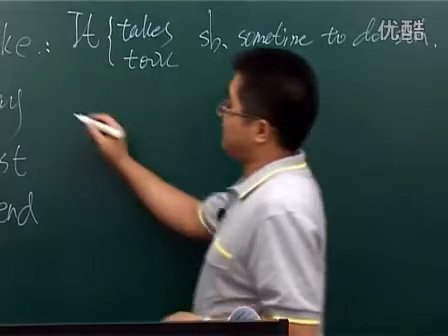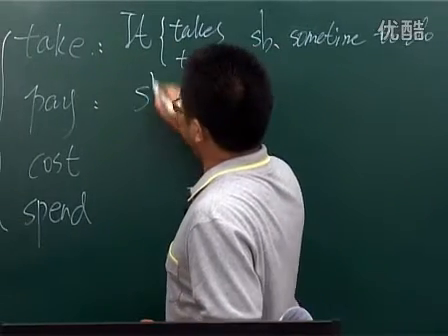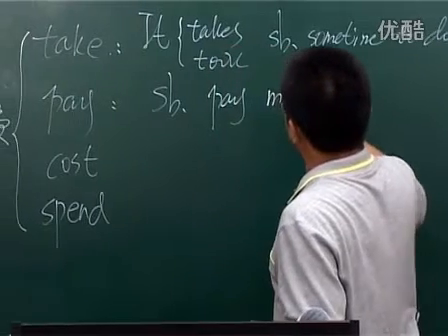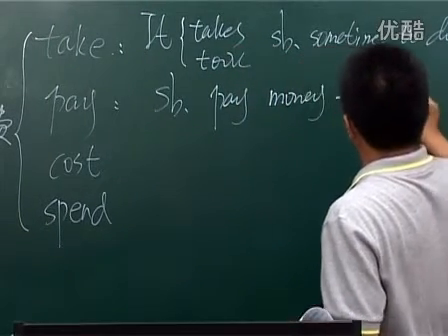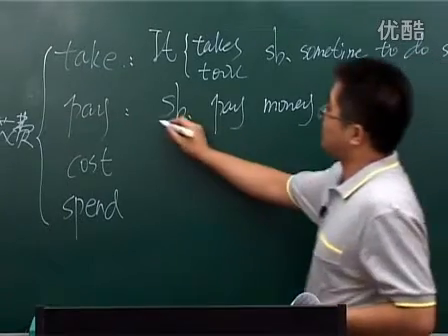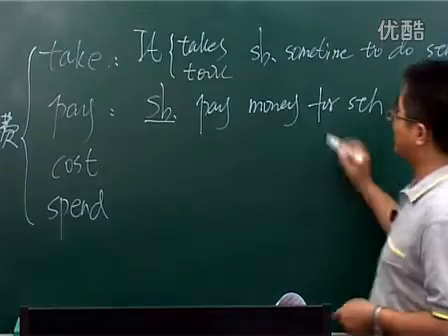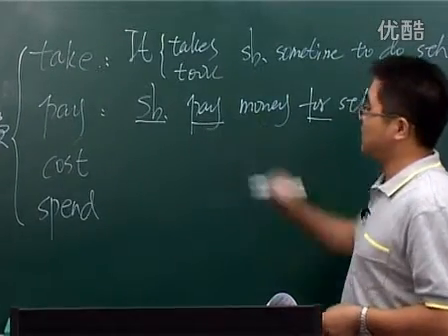Now let's see pay. Somebody pays money for something. 主语是人，OK？Pay money for something. Pay for. Now that's cost.